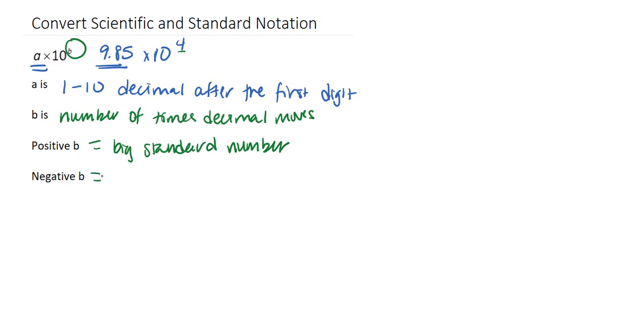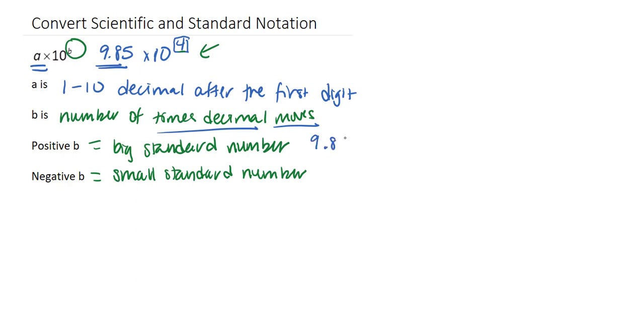Now, if it's a negative B, that means we're going to have a small standard number. So, for a big standard number, if we were to use this example, it means that we're going to have to move the decimal 4 times because we have this 4, which is the B. How many times we have to move it over?